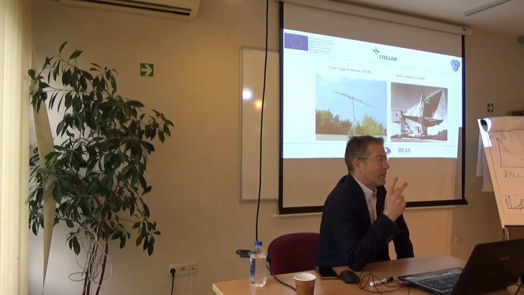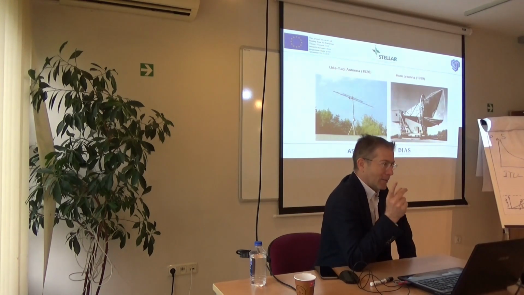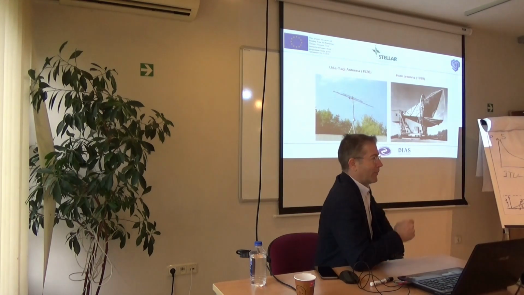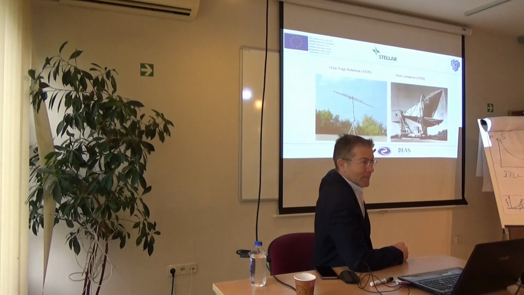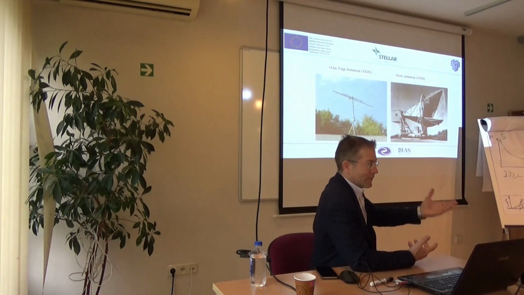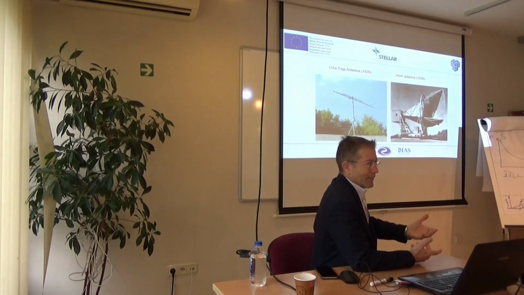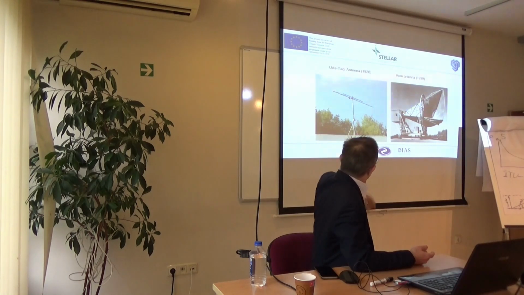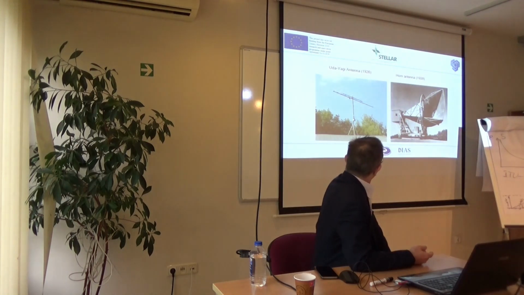Eventually, Yagi moved to the United States and patented the antenna that Uda actually invented, and it became very popular as the Yagi antenna because of this not very fair deed. But the inventor of the antenna is Uda, who invented it circa 1926.